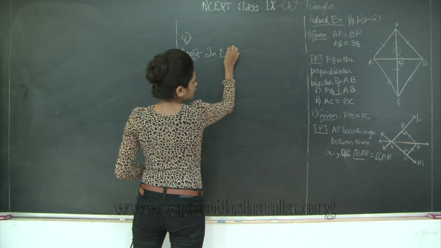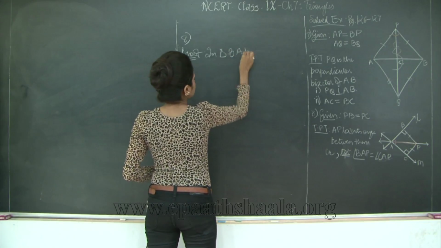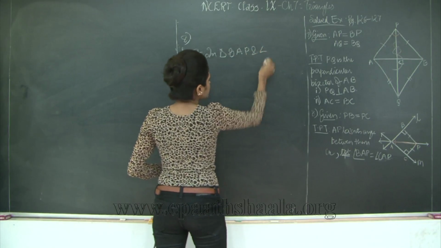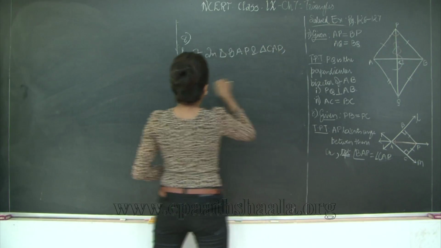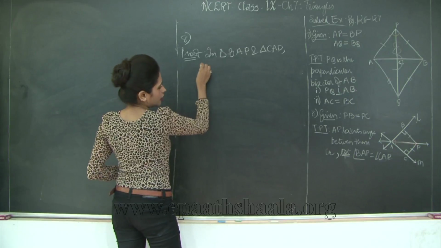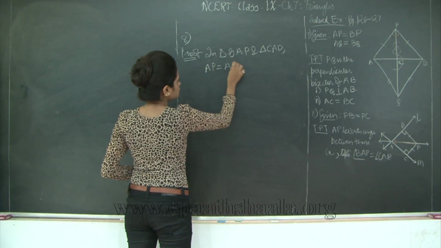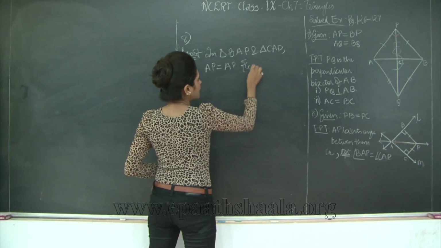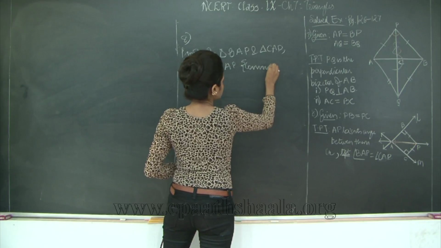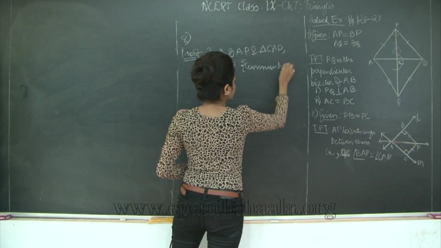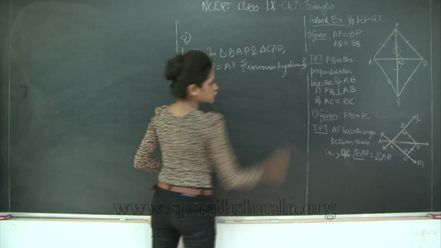In triangle BAP and triangle CAP, I have AP is equal to AP, and I'll say common hypotenuse. Also, what do I have?